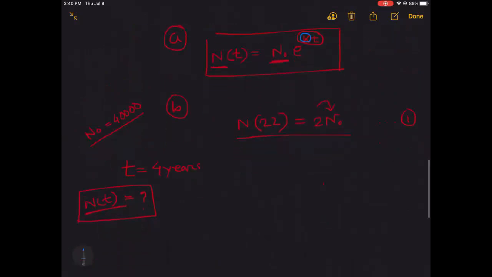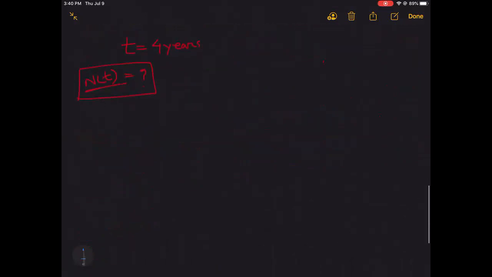How can you do that? N of 22 is 2 N naught. We'll use this clue first. We also know the formula for N, which is N naught e to the K times T, right?